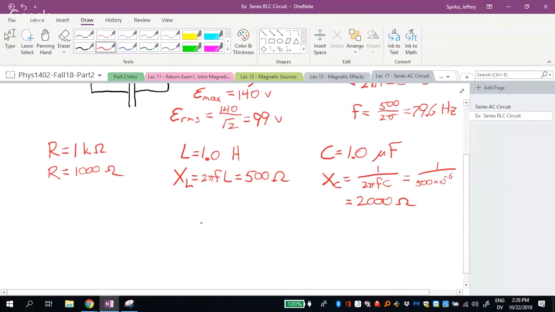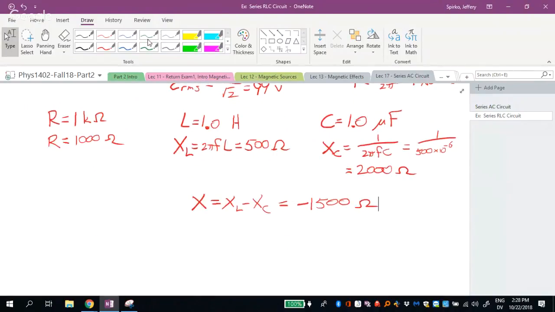So we can get X is XL minus XC, which is technically negative 1,500 ohms. Yeah, it's technically negative. That's where the theory comes in, when it squares, that's good.